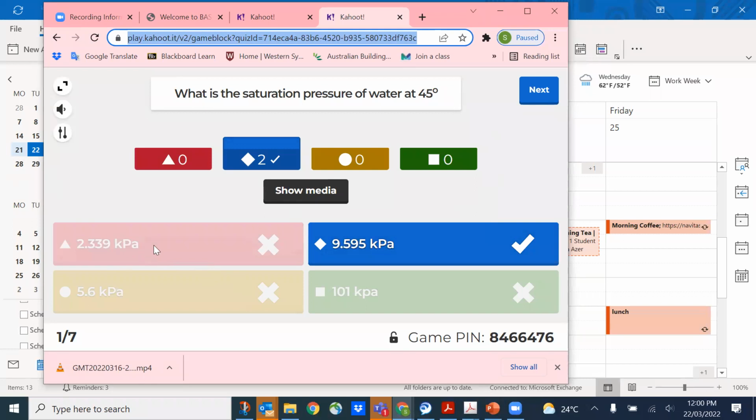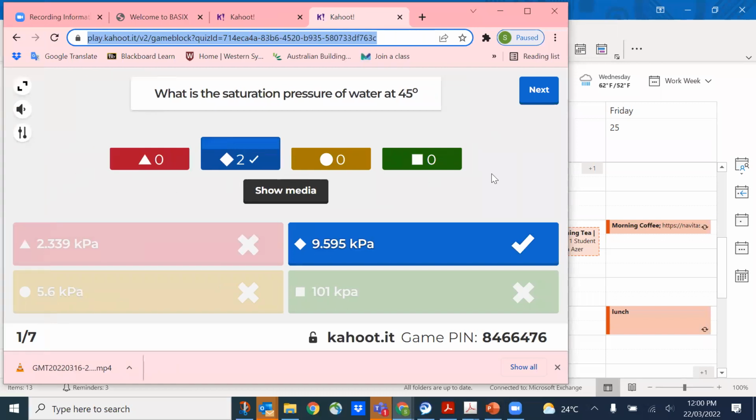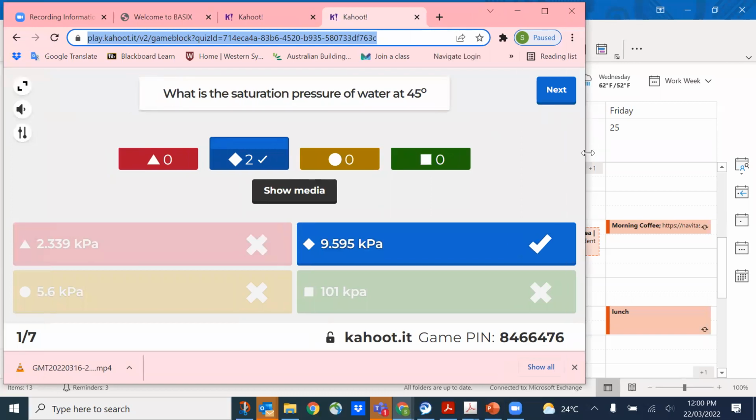No, the values we have to see on the Zoom screen. Anyway, you know how to use it now. You click on the Kahoot screen and you find the question on the Zoom screen. Unfortunately, this is the only way we can do it.